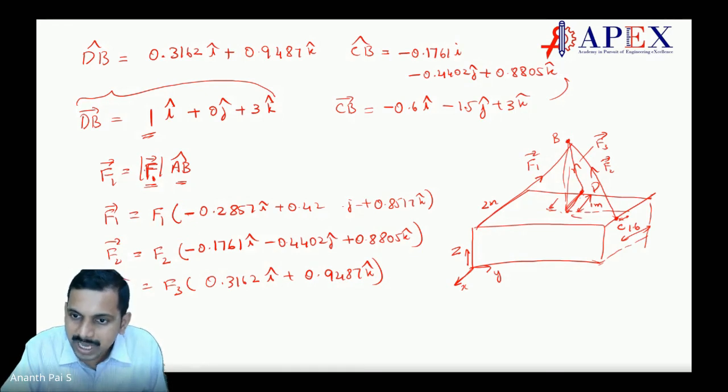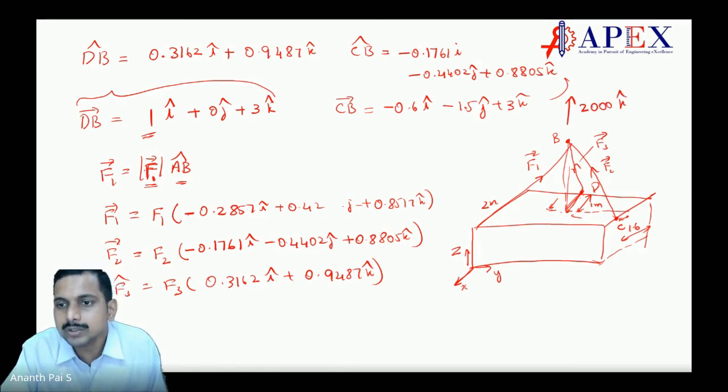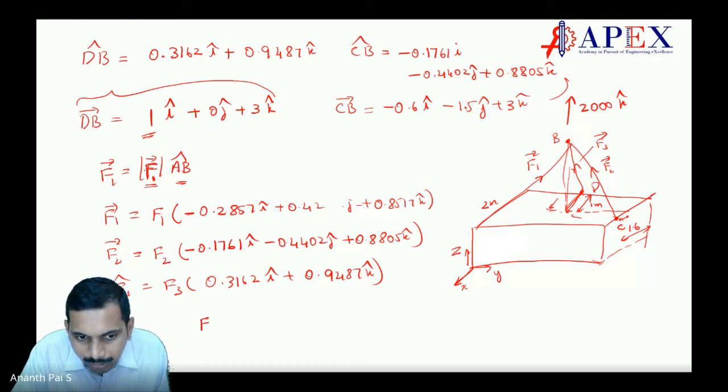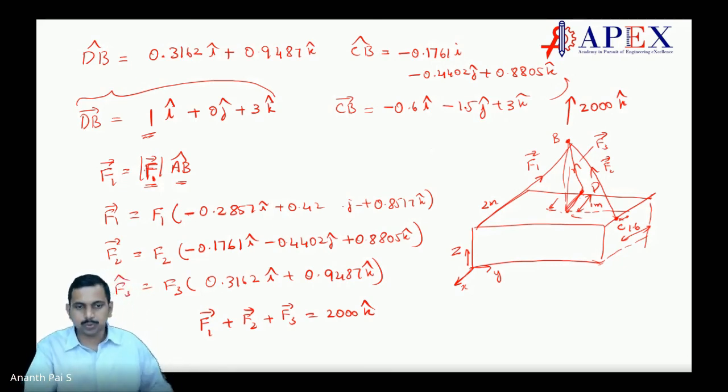Now this F1, F2 and F3 together should be equal to this 2000k vector. This is the total vector which is coming down, is it not? So what should happen? F1 plus F2 plus F3 should be equal to 2000k. Now we can substitute here, and then we will see how to do it. Write this, students.